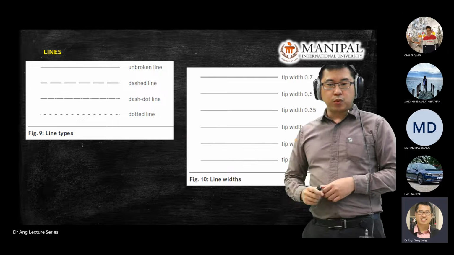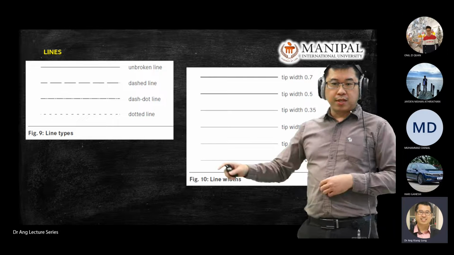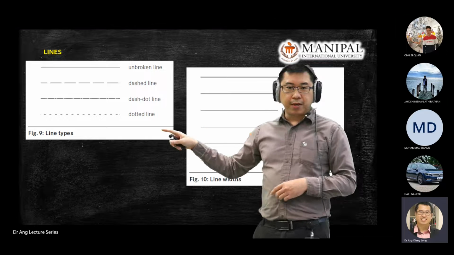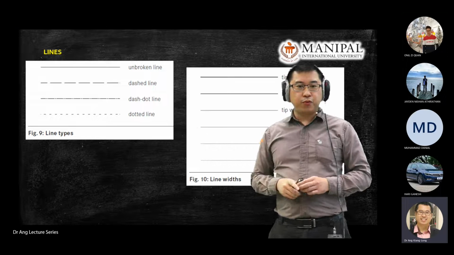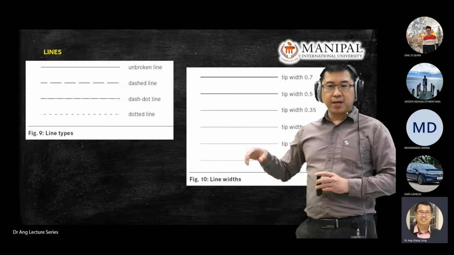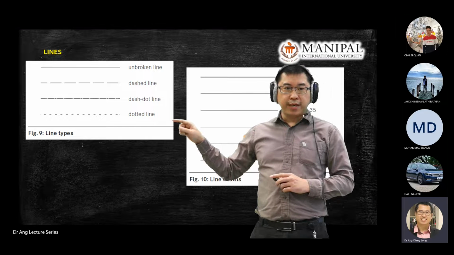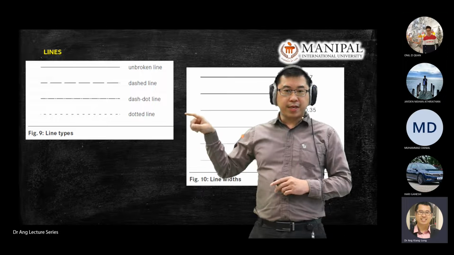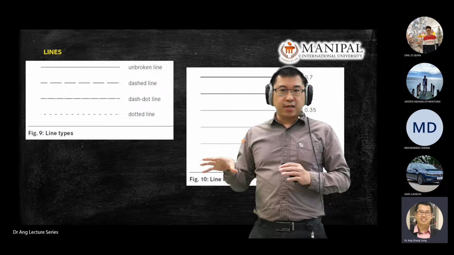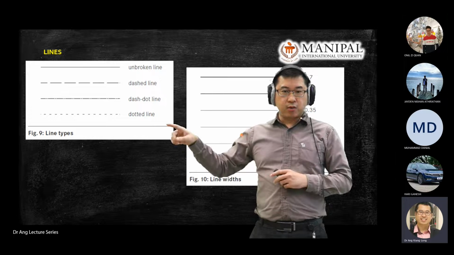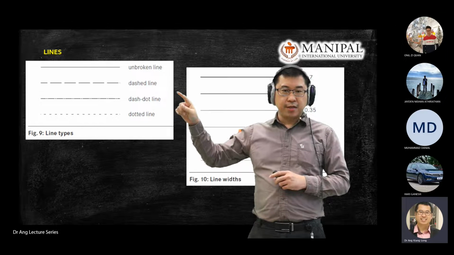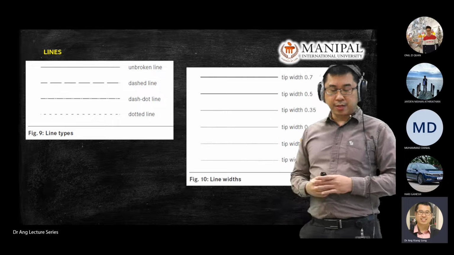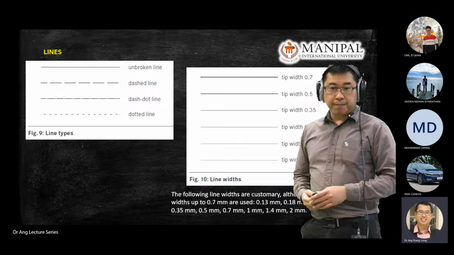When you go to work, these will be some of the errors made by the new draftsman or the new engineer who just joined the company. They haven't known the standard used in the industry, and they always mix up the line types and the type of line that you should use.